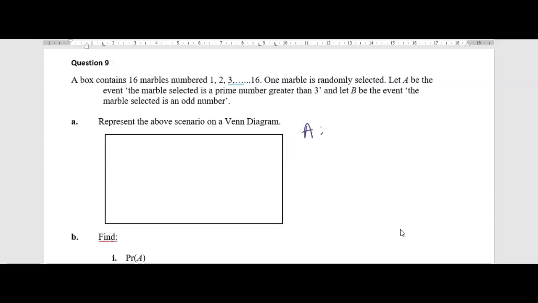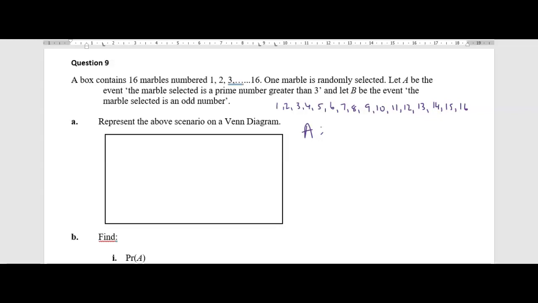On a Venn diagram. Okay, so let's look at A first. So I'm going to put all the numbers out, and I'll put commas in between. 3, 4, 5, 6, 7, 8, 9, 10, 11, 12, 13, 14, 15, 16. Okay, so the first event I'm going to just underline in pink.